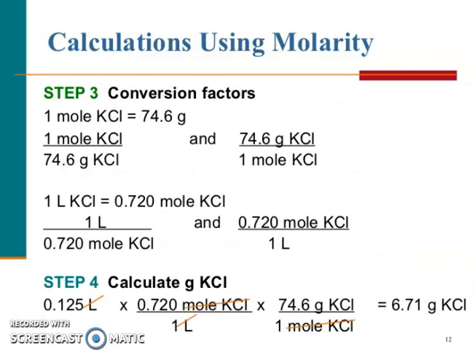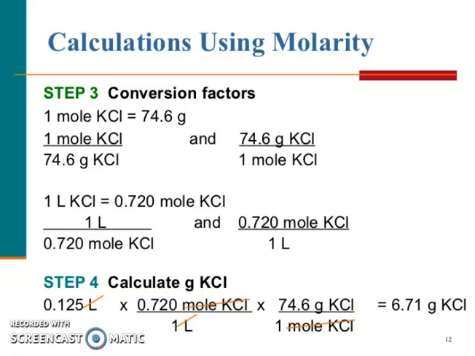Step 3, conversion factors. 1 mole KCl is equal to 74.6 grams, so 1 mole KCl over 74.6 grams KCl, and 74.6 grams potassium chloride over 1 mole potassium chloride. 1 liter KCl is equal to 0.720 mole KCl, so 1 liter over 0.720 moles KCl, and 0.720 mole KCl over 1 liter.